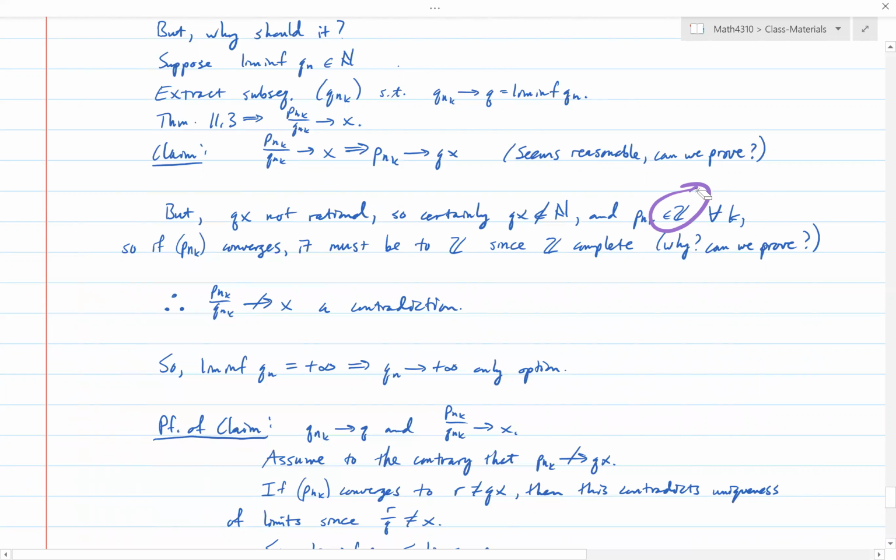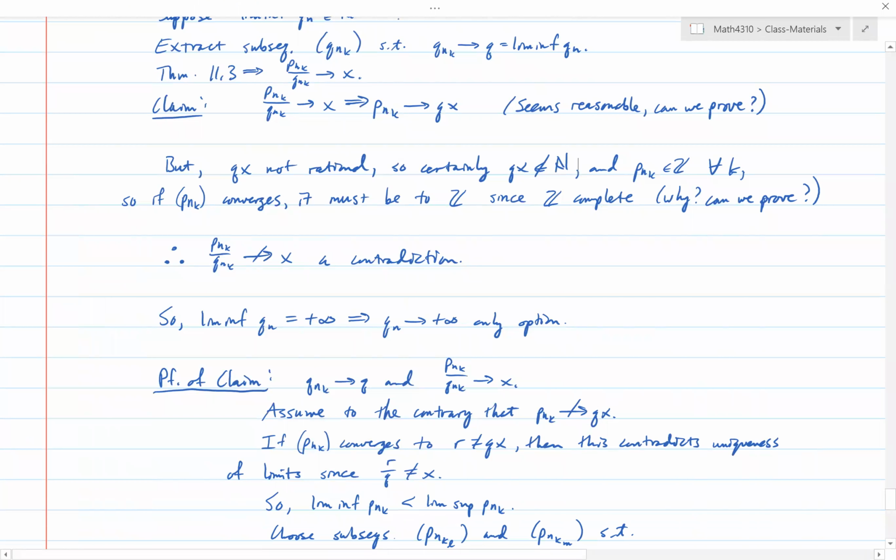That's that kind of interesting Z symbol to indicate positive or negative integers, because if it's negative, that's where the sign's going, on the P's, on the numerators. So that means if p_{n_k} converges, it must actually be converging to an integer, since the integers are complete. But we'll kind of ignore what that means for now. That's what would have to logically happen.